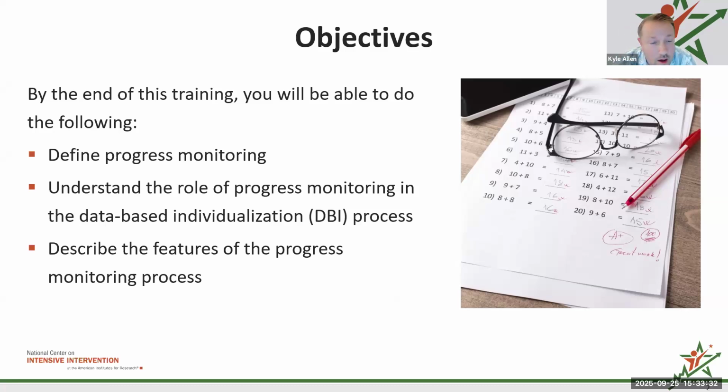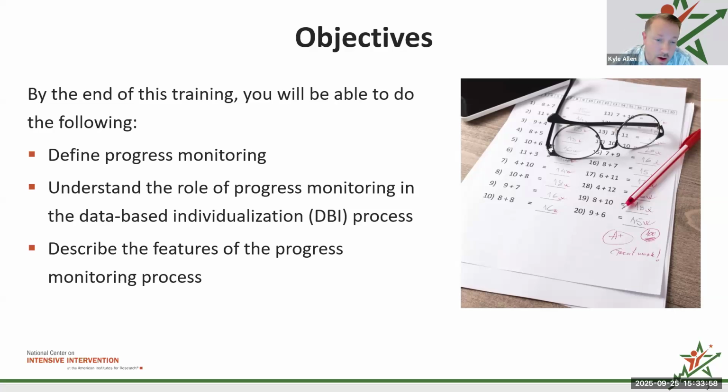If you are not aware of DBI, also known as data-based individualization, I would highly encourage you to go to the NCII website, which is intensiveintervention.org, and check out some of our resources. That's really our mission, to talk about DBI, which is a process to help students with intensive needs.